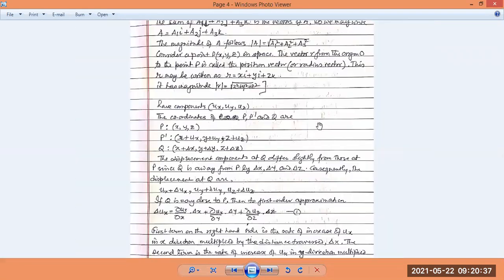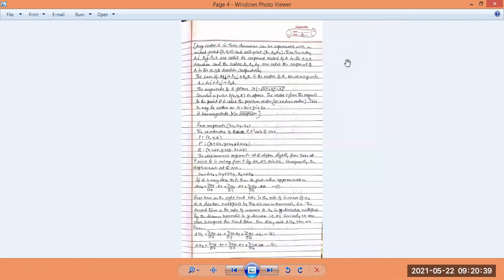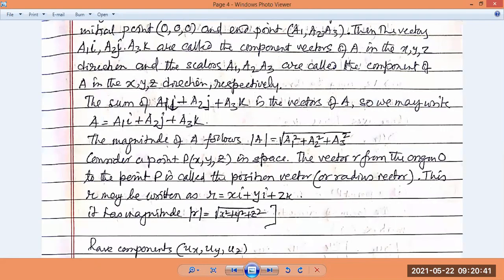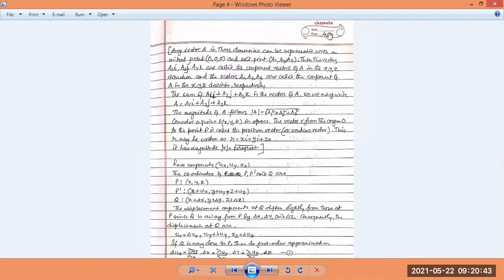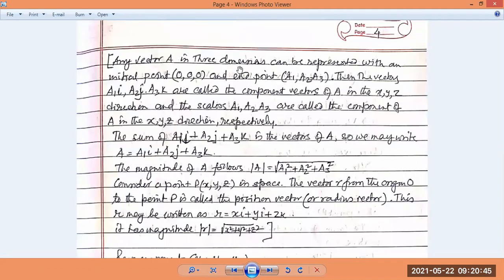Just quickly recapitulating a few points about vector analysis, which will be helpful. Any vector in 3 dimensions can be represented with an initial point, say 0, 0, 0, and a final point a1, a2, a3, such as in our case P, the initial point with coordinates x, y, z, and the final point with coordinates x dash, y dash, z dash.